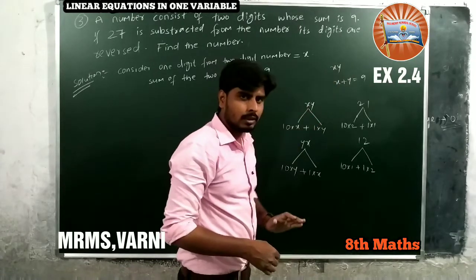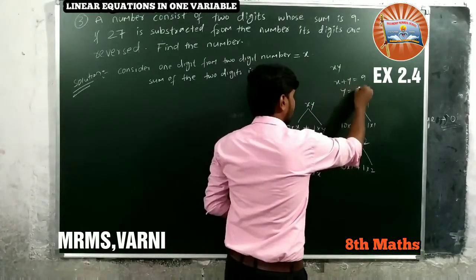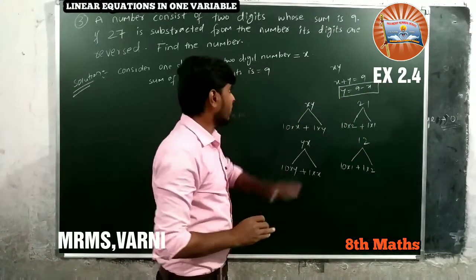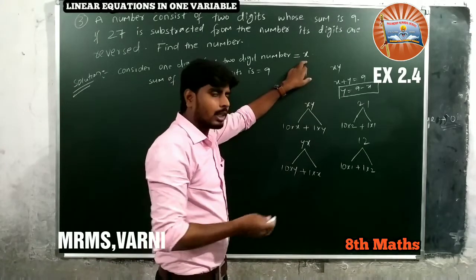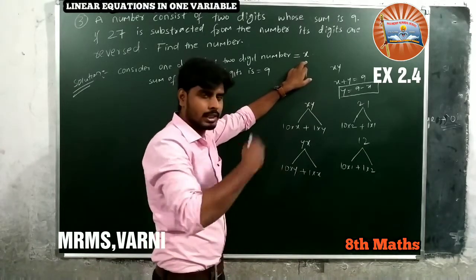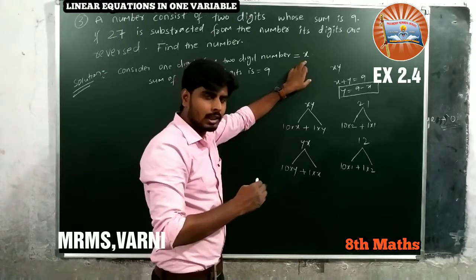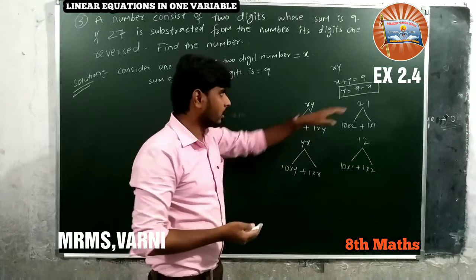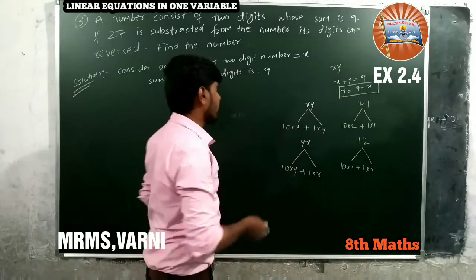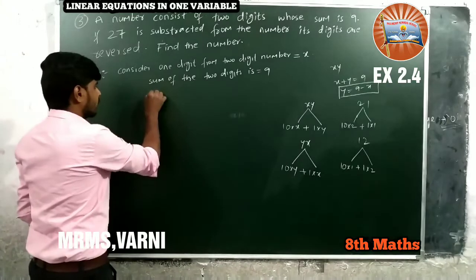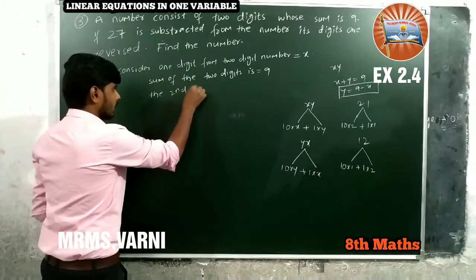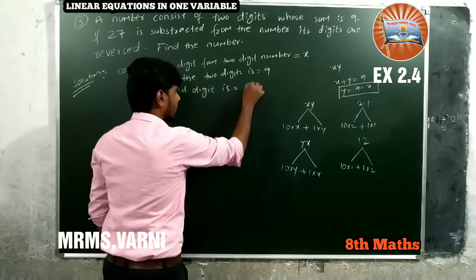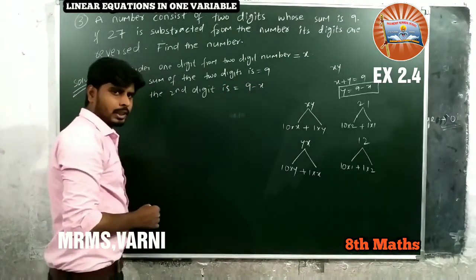What is the remaining digit? y is equal to 9 minus x. If I consider one digit is x, the second digit is 9 minus x, isn't it? Right. By using this, now the second digit is 9 minus x.